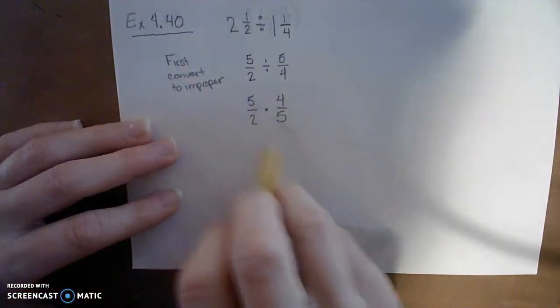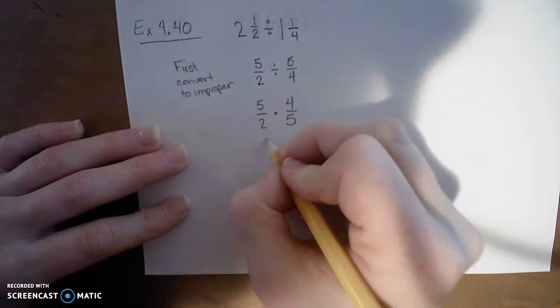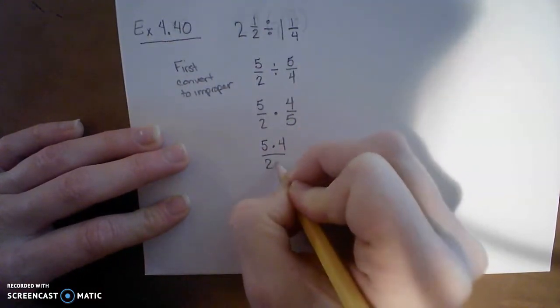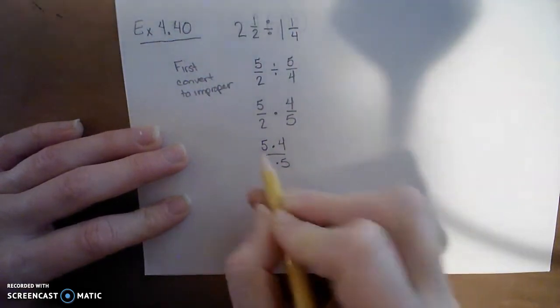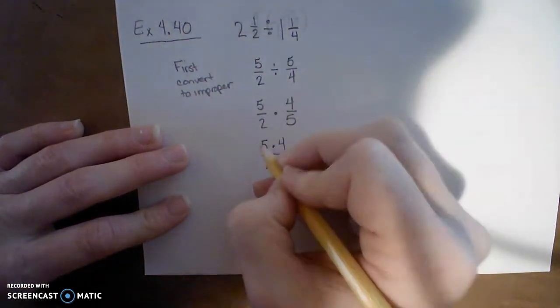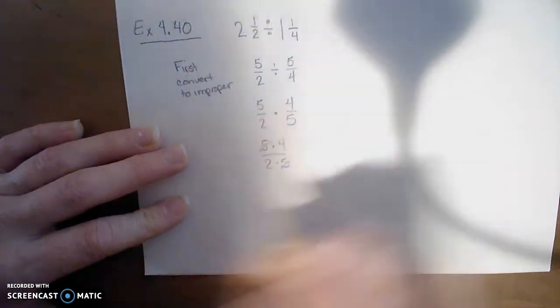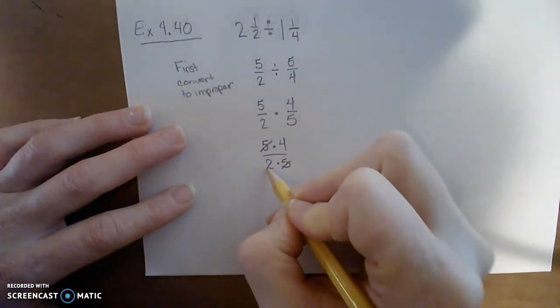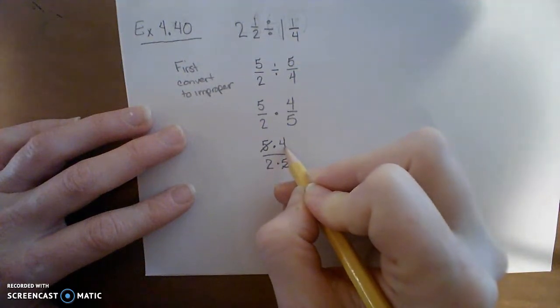All right, and I do already see that factor of 5 in common. Let me just rewrite it one more time. 5 times 4 over 2 times 5. So factor of 5 in the numerator, factor of 5 in the denominator. So I can go ahead and divide those out. And now also, there's a factor of 2 in the denominator, and 4 has a factor of 2 in it.